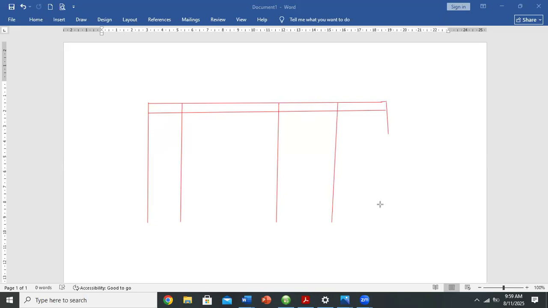So let me indicate these things in there. So we have the date, you have particulars, then you have details, and amount.